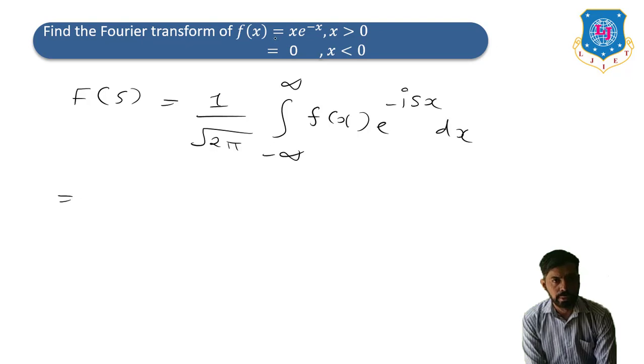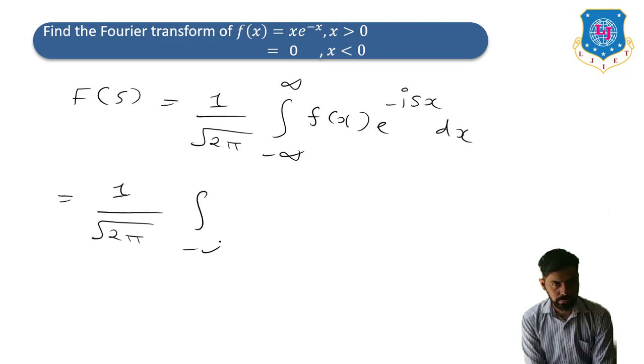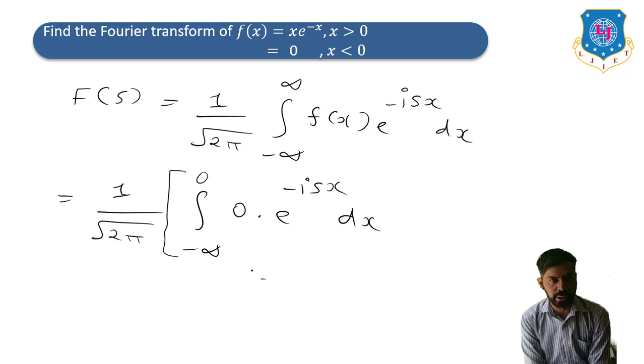Okay, now here we will break this limit, so this will become 1 over square root 2 pi and limit will be from minus infinite to 0. But for this limit value of function is 0 because f of x is 0 for x less than 0. So here f of x will be 0 into e raised to minus i sx dx plus integration 0 to infinite.